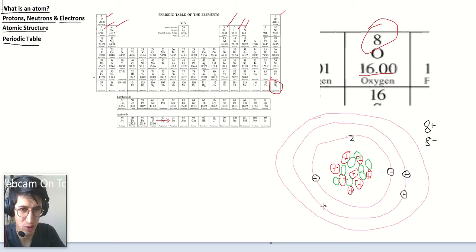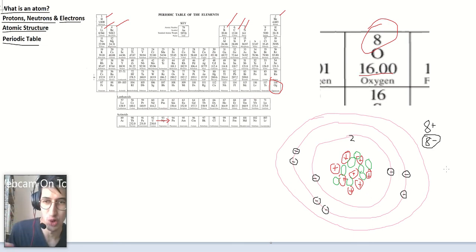The fifth electron I'm drawing in the second shell. The sixth, the seventh, the eighth, the ninth electron I would draw in the second shell, except there are only supposed to be 8 electrons, so I'm done. I don't need to draw the 9th electron. There is no 9th electron for oxygen.